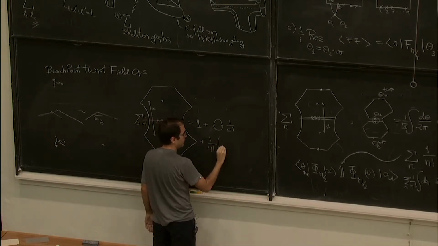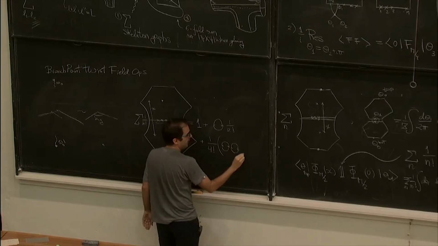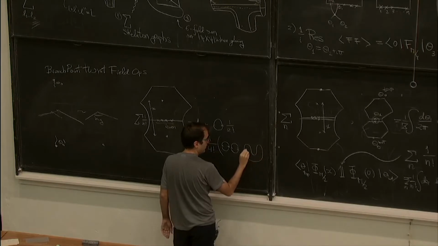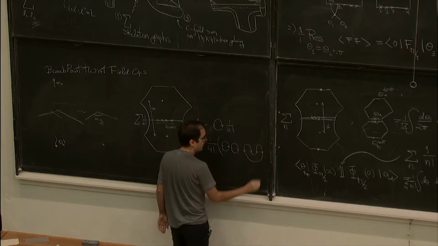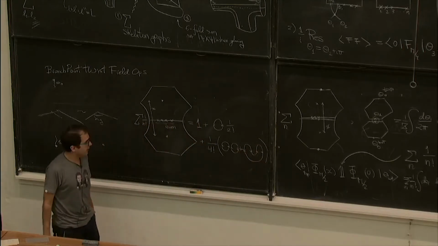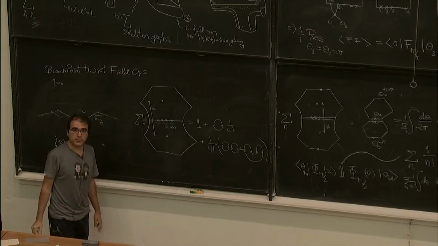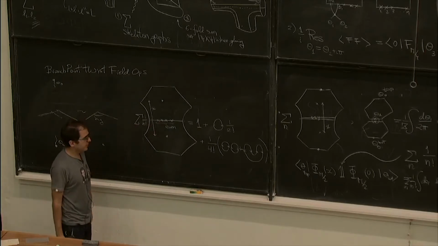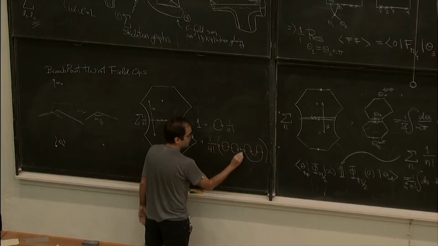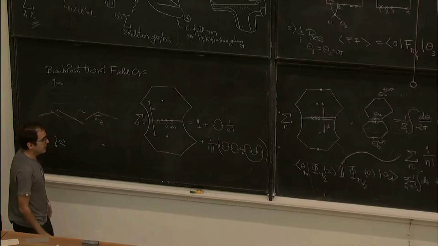And now I have two possibilities. I have a disconnected loop, and I have a bigger loop. Okay? Is it clear that we have these two possibilities? And they come with some coefficients. Okay? Just with contractions. And so on.